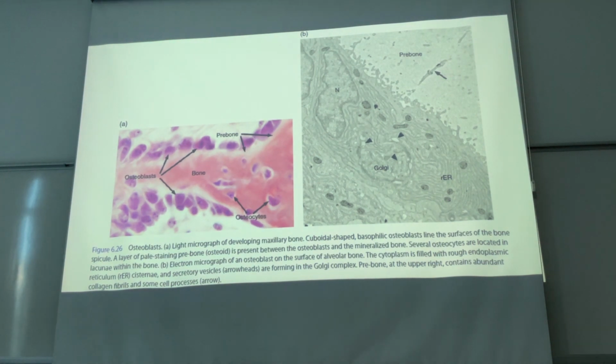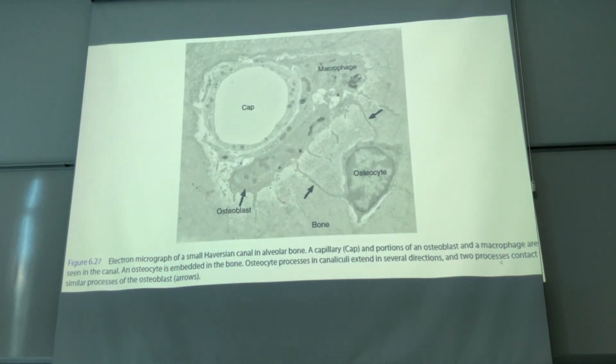Here you can see the prebone or osteoid structure, and these cells are our osteoblasts.